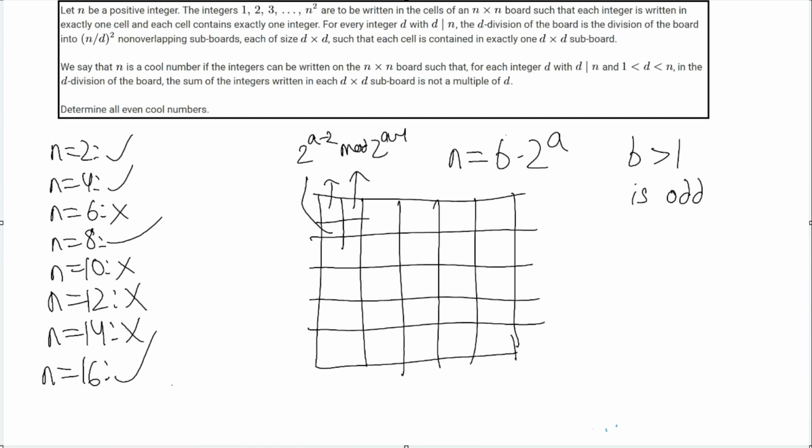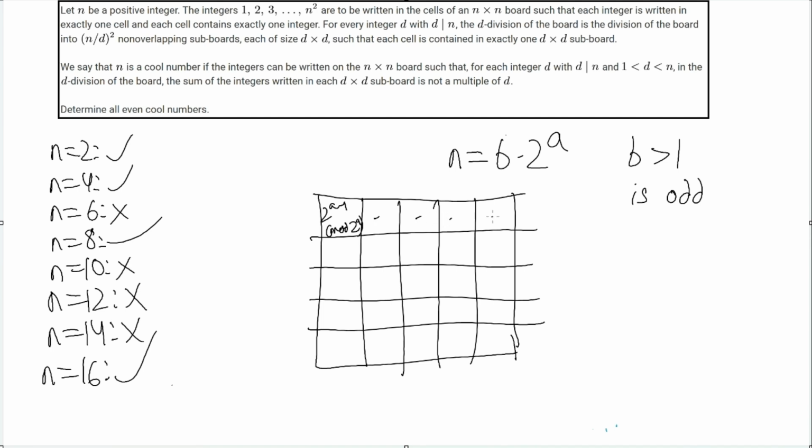So that means that the sum must be a total of that times 4, which is 0 mod 2 to the a minus 1, but not 0 mod 2 to the a, which forces it to be 2 to the a minus 1 mod 2 to the a.